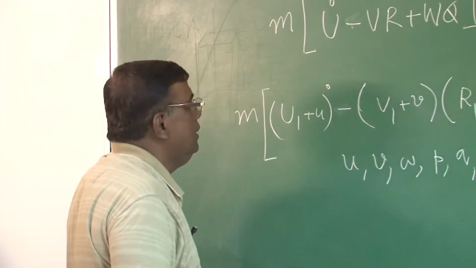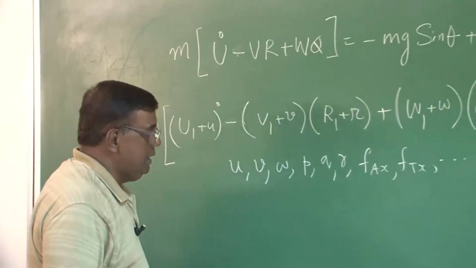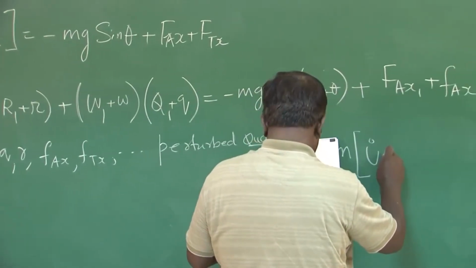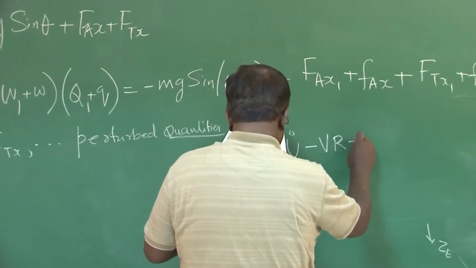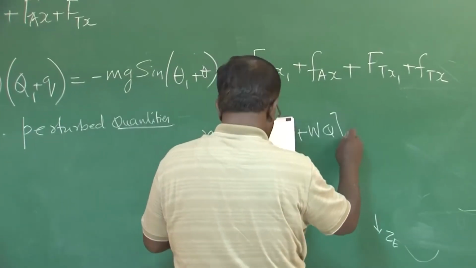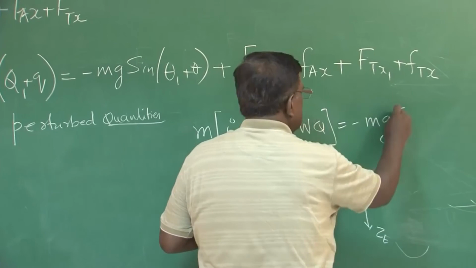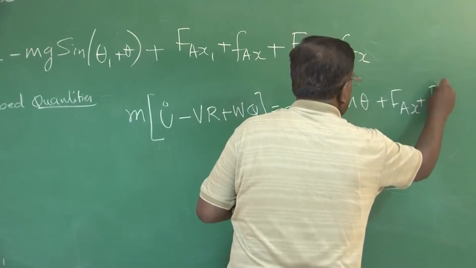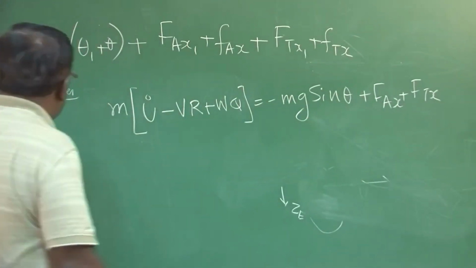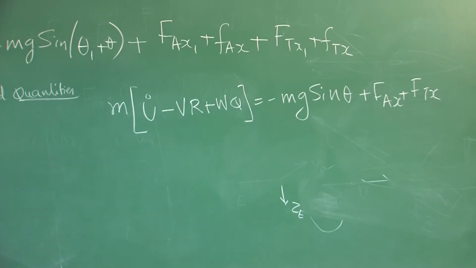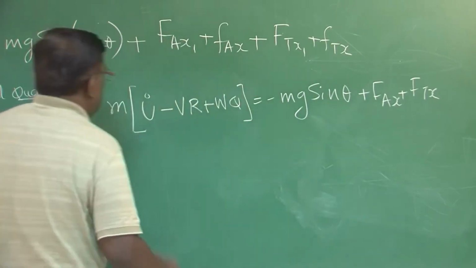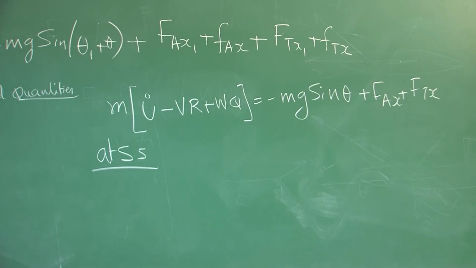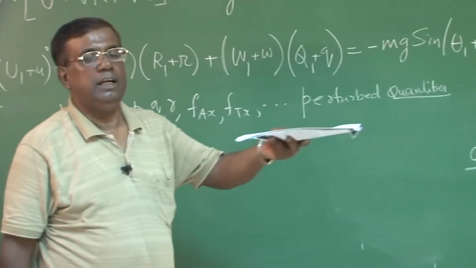Now here you see, once I am writing this equation like this, we also know that m(u dot minus Vr plus Wq) is equal to minus mg sine theta plus Fax plus Ftx. So we know that at steady state, what is our steady state for this study? It is the cruise, level unaccelerated cruise.